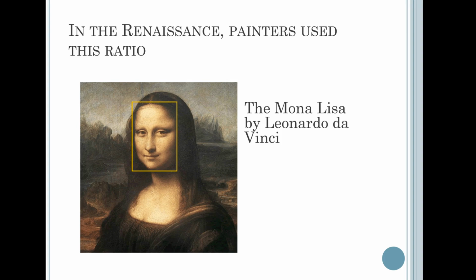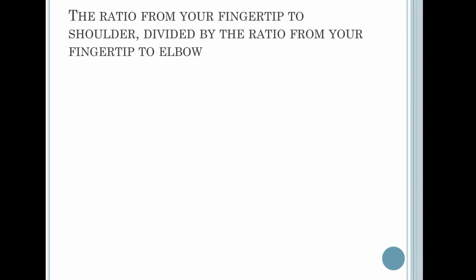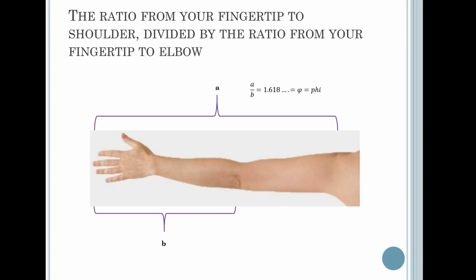That means he's Leonardo from Vinci. And he made this painting so that her face was in the golden ratio, or phi. And if you measure your fingertip to your shoulder divided by your fingertip to your elbow, you will get something approximating the golden ratio. I have tried it in a lot of classes and it works. It's kind of awesome.